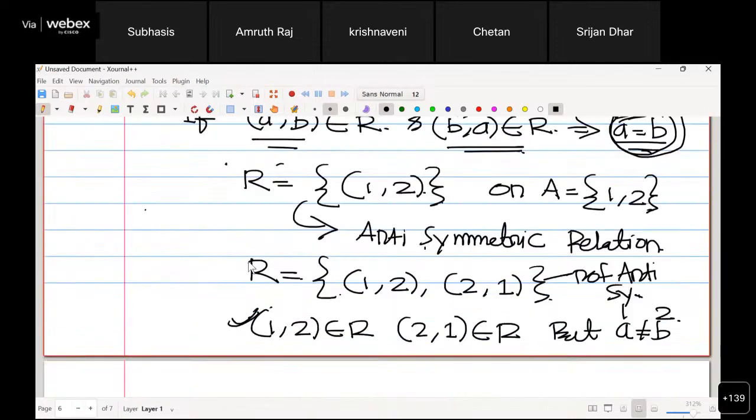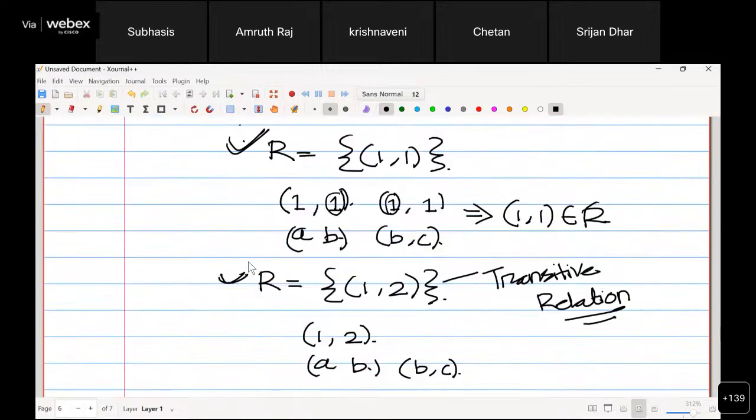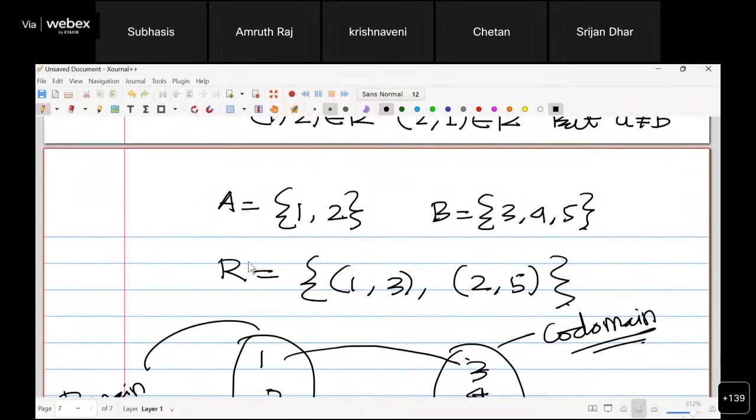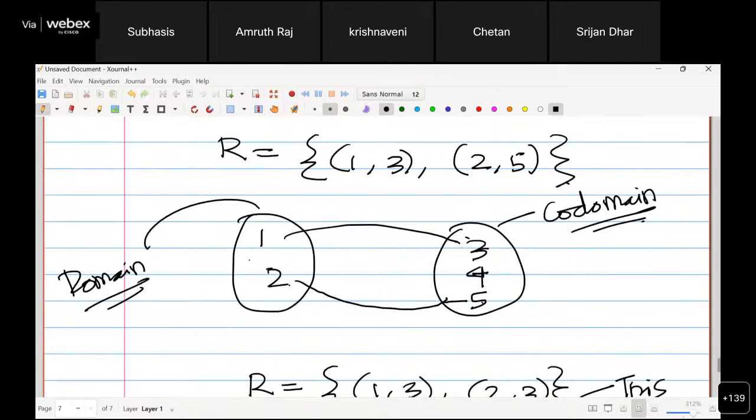The codomain is the set of all possible outputs of the function. But one more terminology is there, that is range.